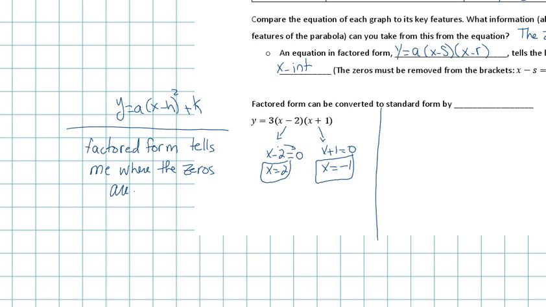FOIL, expand. Okay? FOIL is the process, expand is the heading. So when the question is asking you to expand, you're doing FOIL. Okay? So factored form can be converted to standard form by expanding.